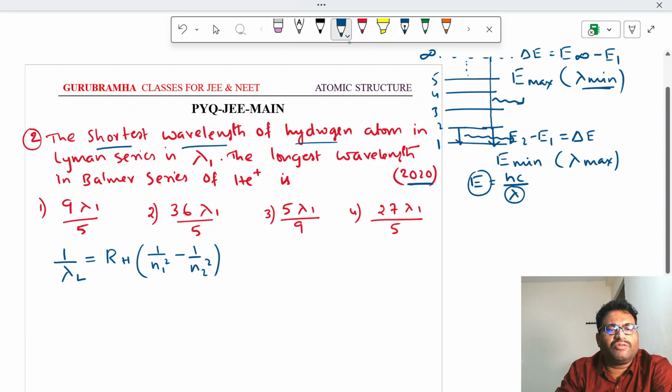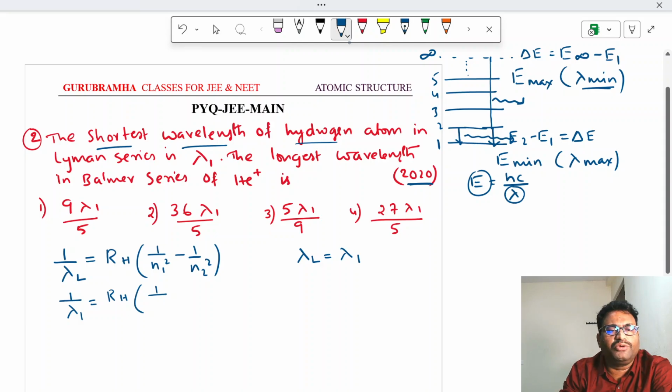So in the question it is given that the shortest wavelength in Lyman series is considered to be lambda 1. So 1 by lambda 1 is equal to RH into 1 by, to which energy level is it returning?